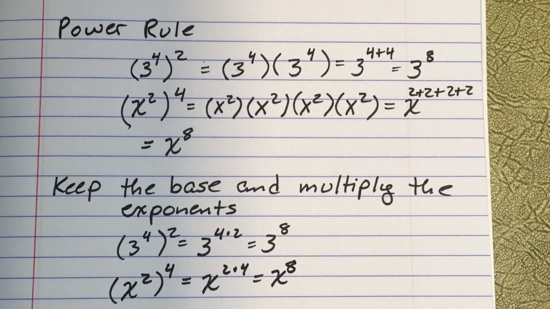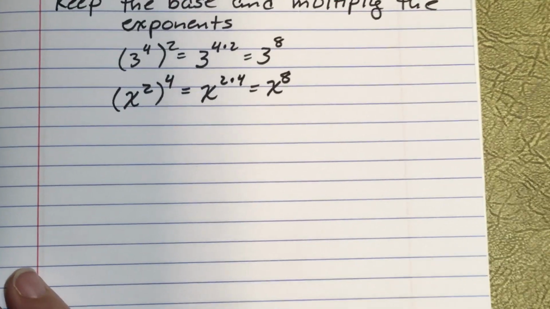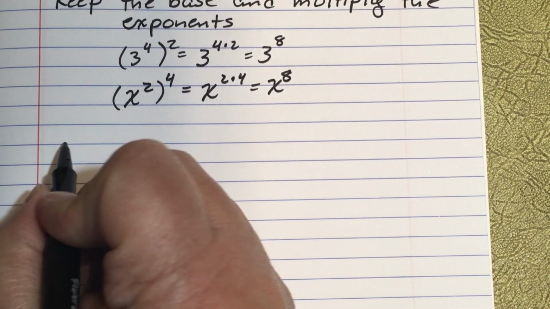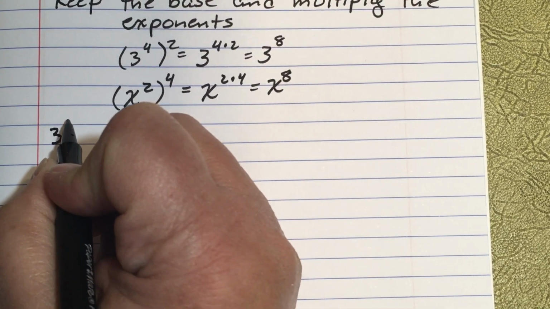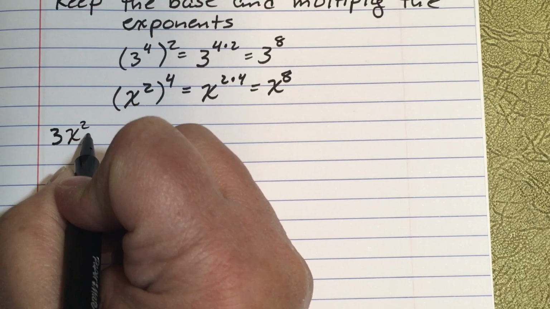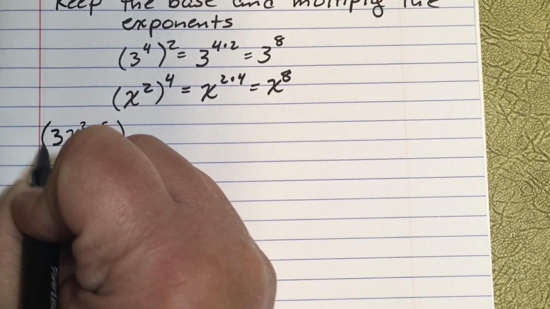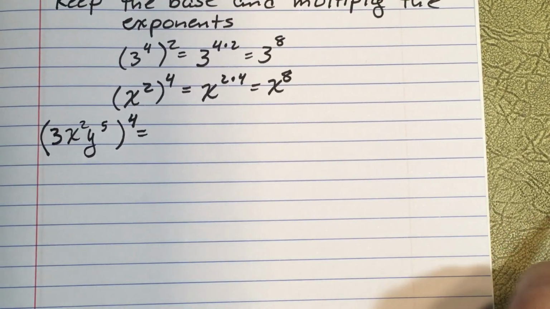So now, if I have a power rule and I have numbers and variables together, I am going to distribute the outer exponent to everything inside the parentheses. So if I have 3x squared y to the 5th power, and that whole thing is to the 4th power, I would distribute it.